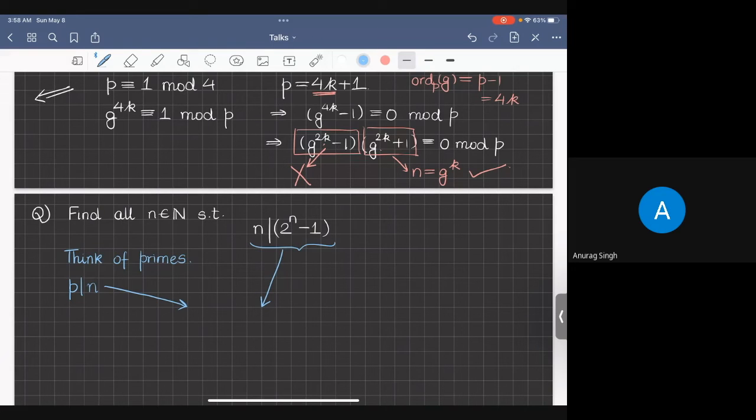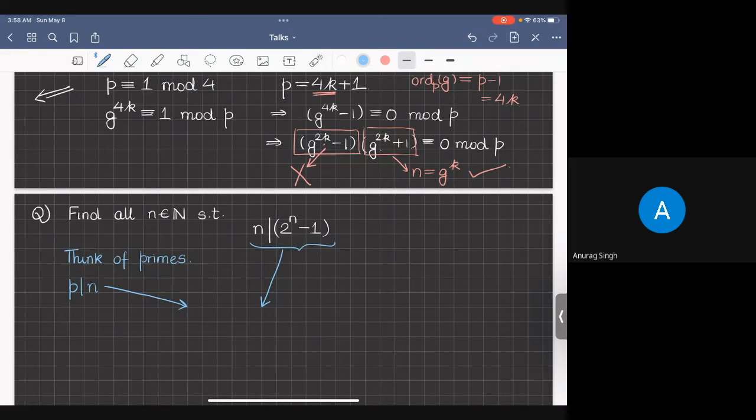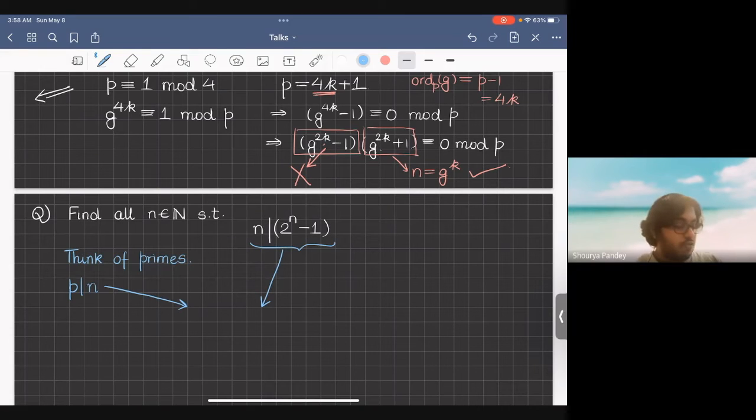Why? Because if we see the remainder modulo, there has to be at least one prime of each type. Sorry, I don't understand. So we have p divides n. What is the next step?